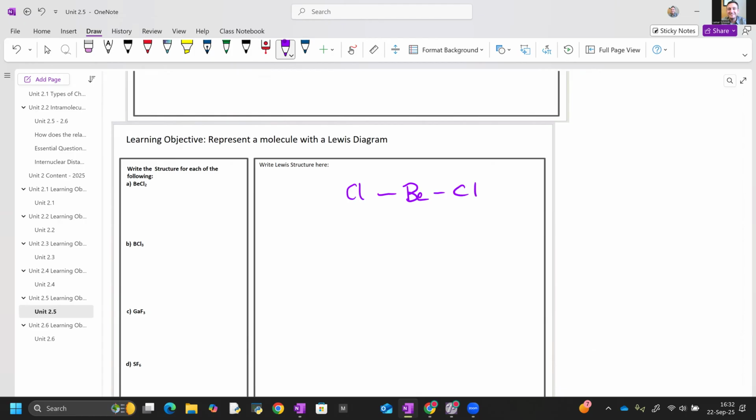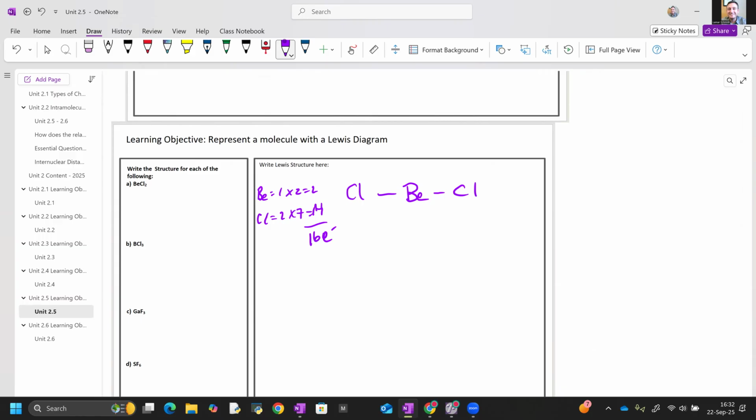And again, we see the symmetry, but we also know beryllium has a lower electronegativity. So we show beryllium, there's 1 times 2 valence electrons for 2. And then chlorine, there are 2 times 7 valence electrons for 14. 2 plus 14 is 16 electrons.